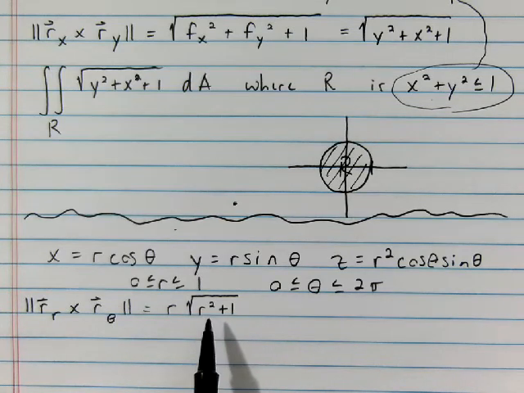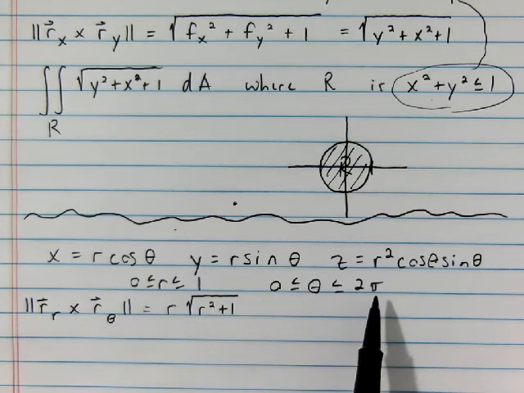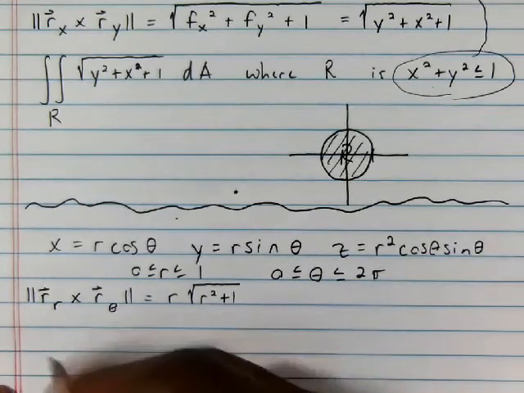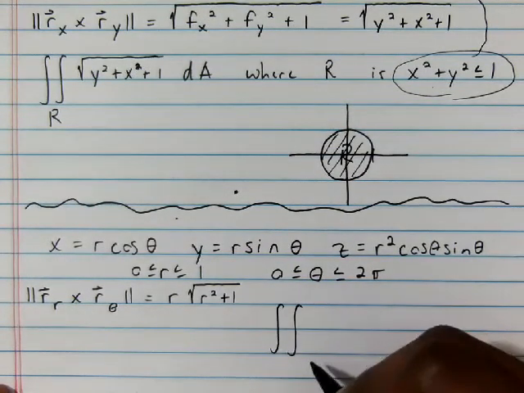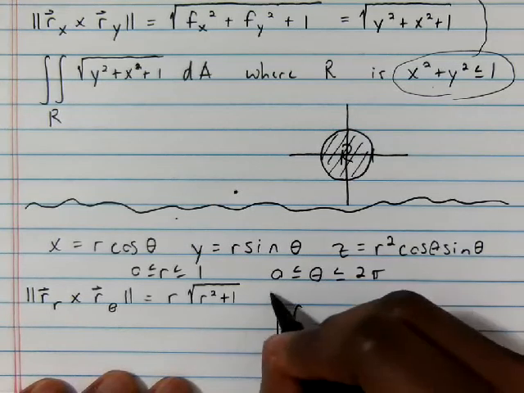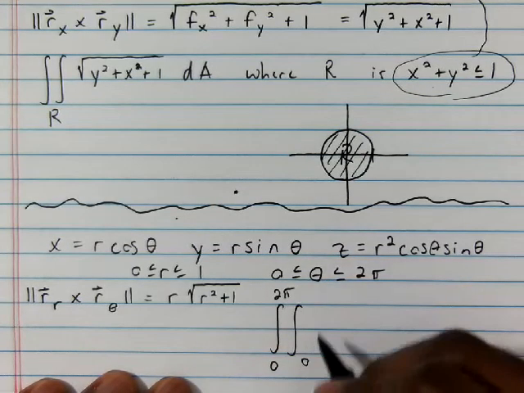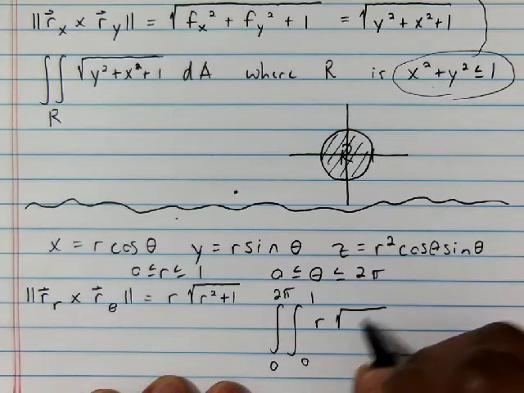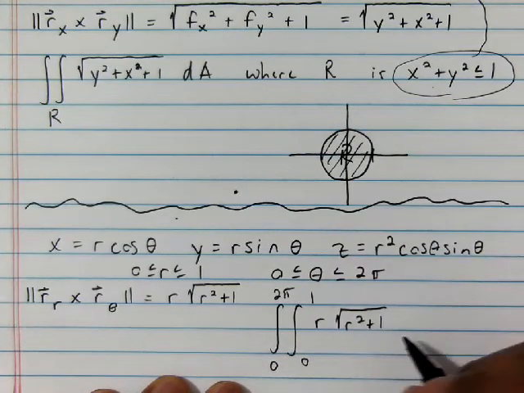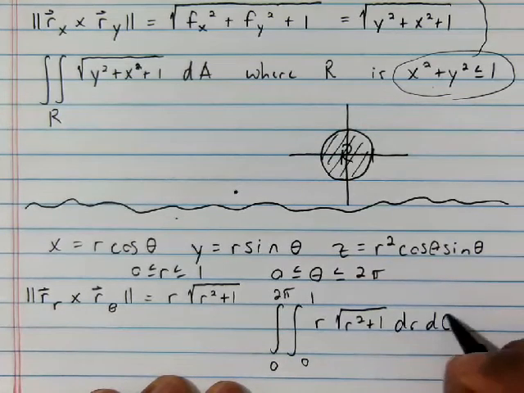But now you are going to integrate this over that region. So the surface area will be the integral from 0 to 2 pi and 0 to 1 of r times the square root of r squared plus 1 dr d theta.